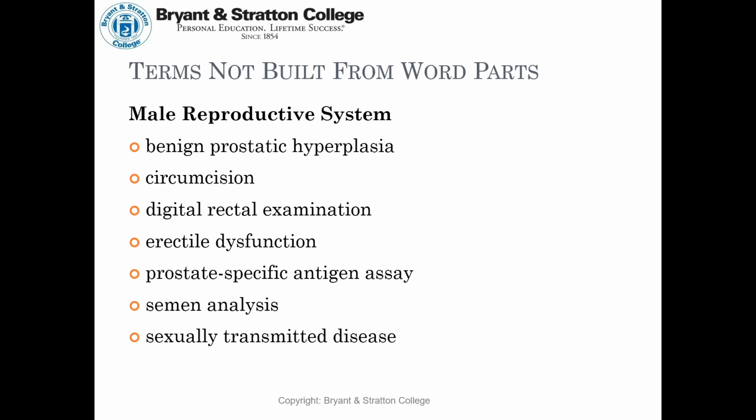A digital rectal examination will be done to examine the prostate, because the prostate literally sits on the anterior wall of the colon. There can also be a transurethral resection of the prostate gland. So basically, you can perform a surgery through the urethra to resect or remove parts of the prostate gland.